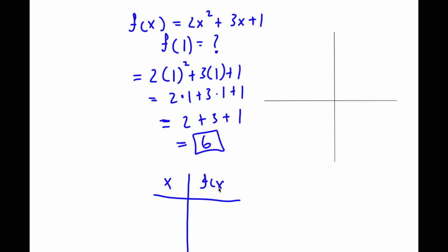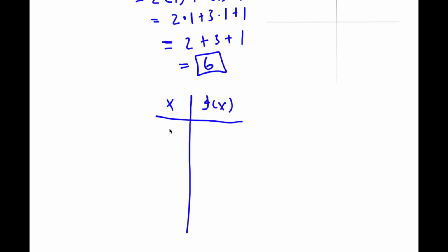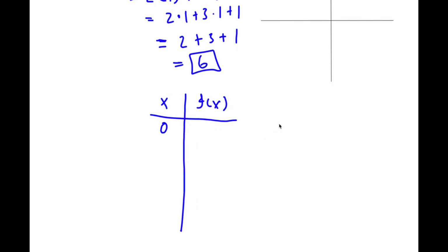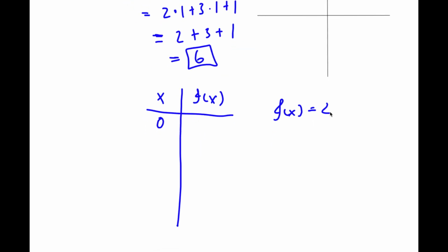Let's start with x equal to 0. Our function f of x is, remember, 2x squared plus 3x plus 1. Let's just plug in a couple of values so we can graph this function.